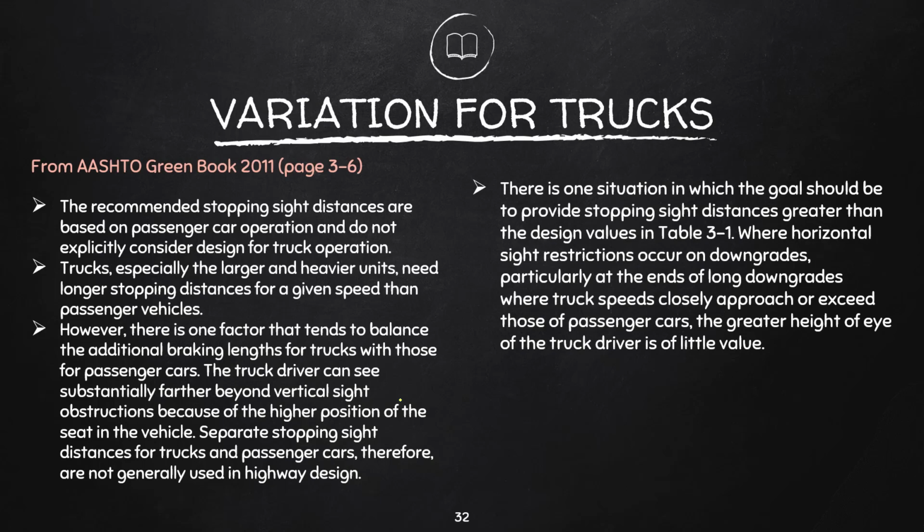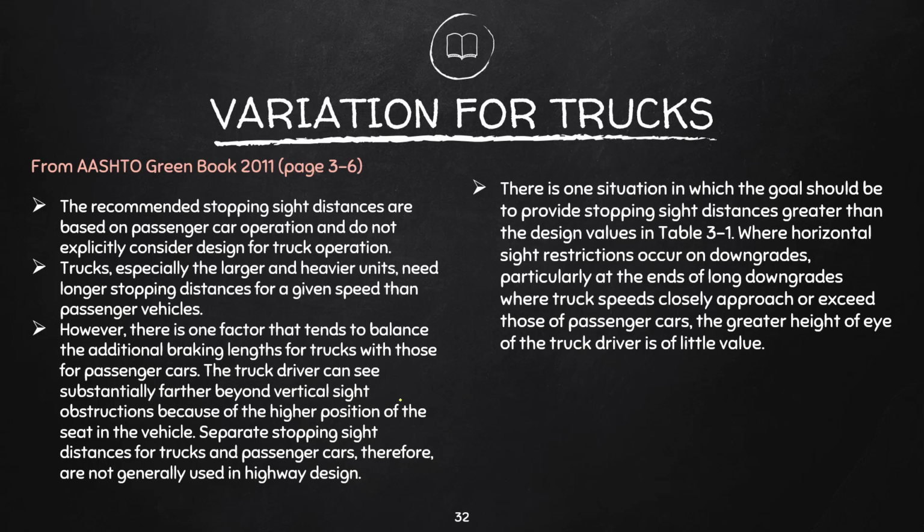There is one situation in which the goal should be to provide stopping sight distances greater than the design values in Table 3-1, where horizontal sight restrictions occur on downgrades, particularly at the ends of long downgrades, where truck speeds closely approach or exceed those of passenger cars. The greater height of eye of the truck driver is of little value.